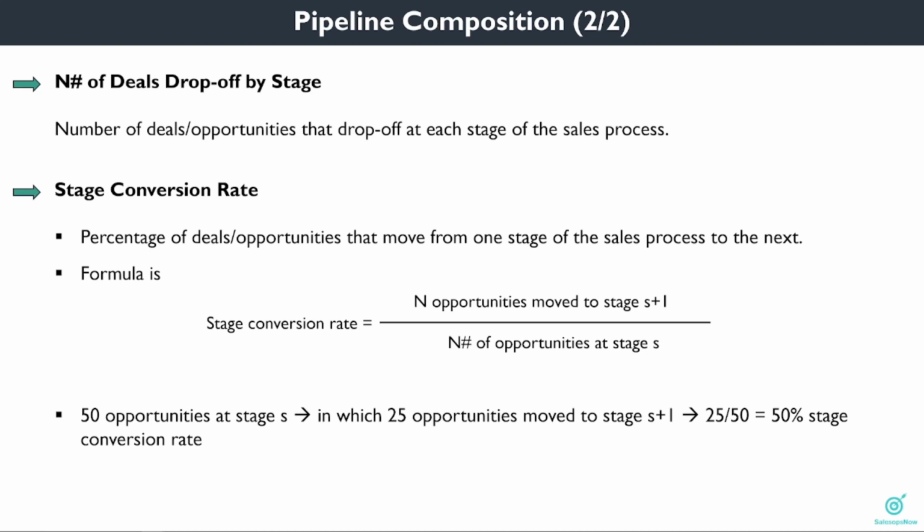All the pipeline analysis metrics can be and should be reported directly in the CRM, for example, Salesforce. There is no need to perform those calculations manually because Salesforce allows you to get those numbers in real time by using reports and dashboards.